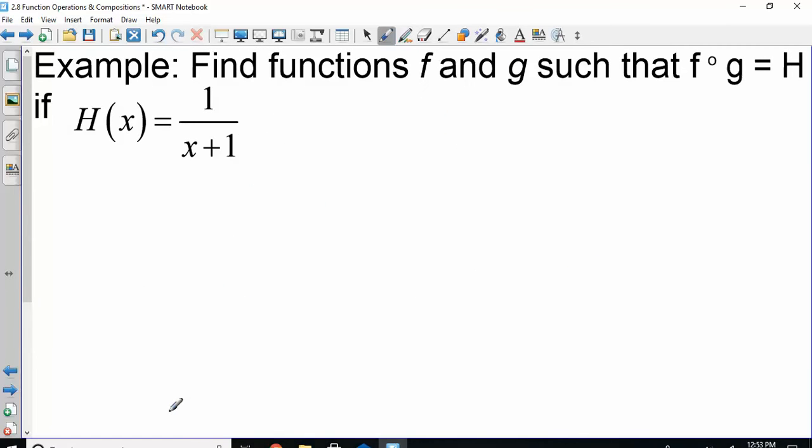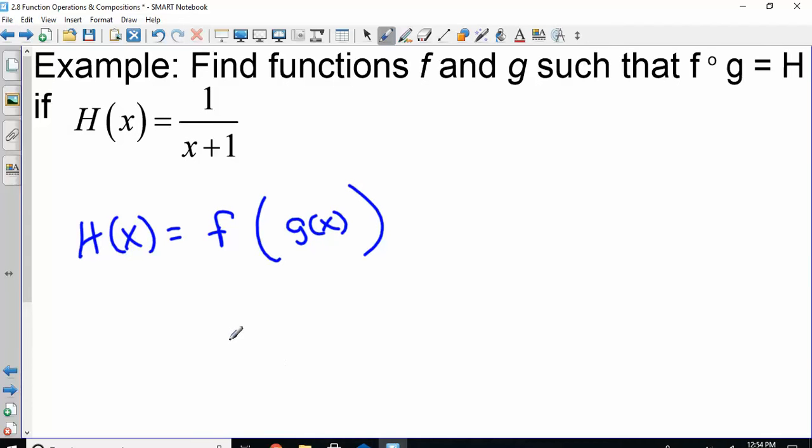Okay. Let's try another one. We're saying our h is equal to f composed with g.